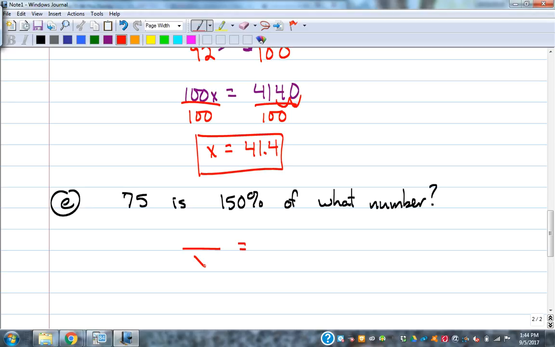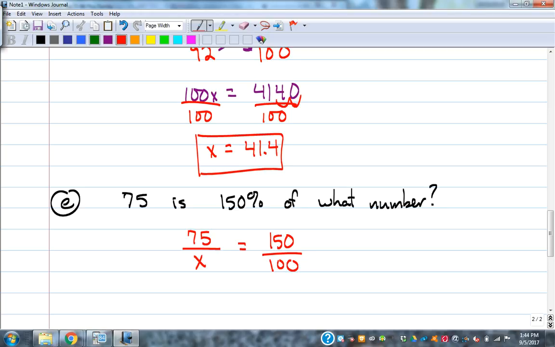X. So of is on the bottom. It's got an X there. 75 is on the top. The other side is the percent side, 150 over 100. So it said 150%, so we know that 150 goes over 100. Whatever the percentage is, if they give you that, you know that has to go over 100. Start with that side. Make sure you got that side done. That makes the other side much easier because all you're looking for is an is or an of.